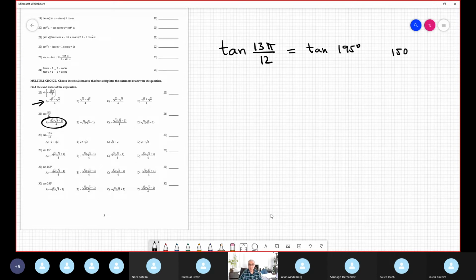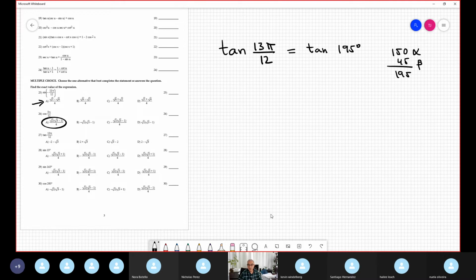You decompose 195 as 150 plus 45. Makes sense, right? It's the couple, alpha and beta. This is the couple of components that you know very well the exact value. I know very well the exact value of the tangent, cosine, sine of 150 and 45 degrees.